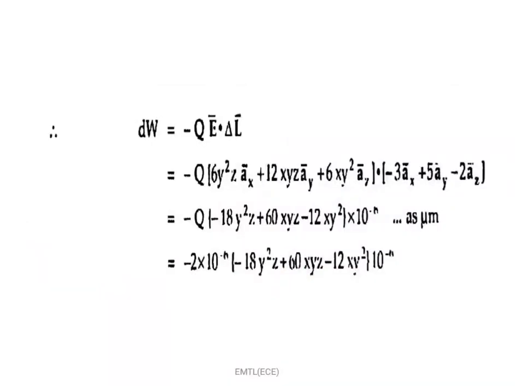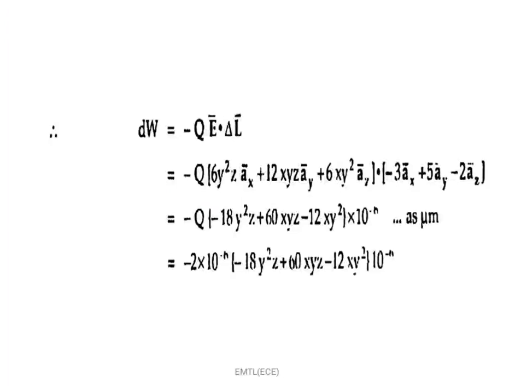Now the solution of this problem. The work done expression is W equals minus Q E bar dot delta L bar. Here this is the E bar expression and this is the delta L bar expression. Now multiply the ax coefficient with ax only.